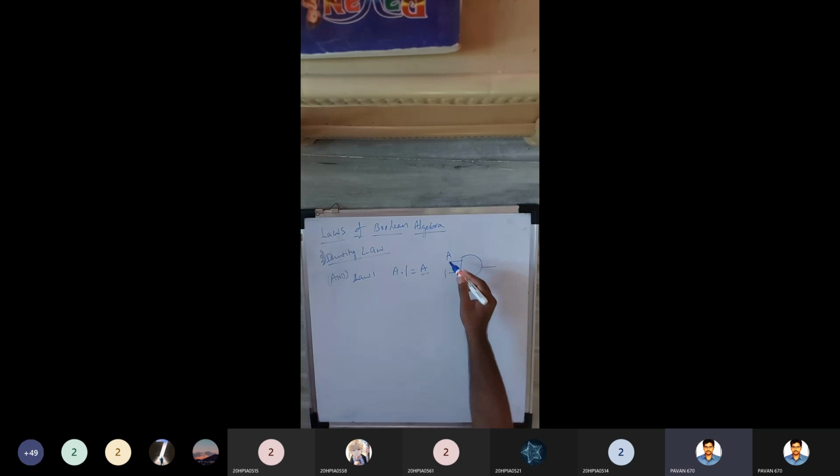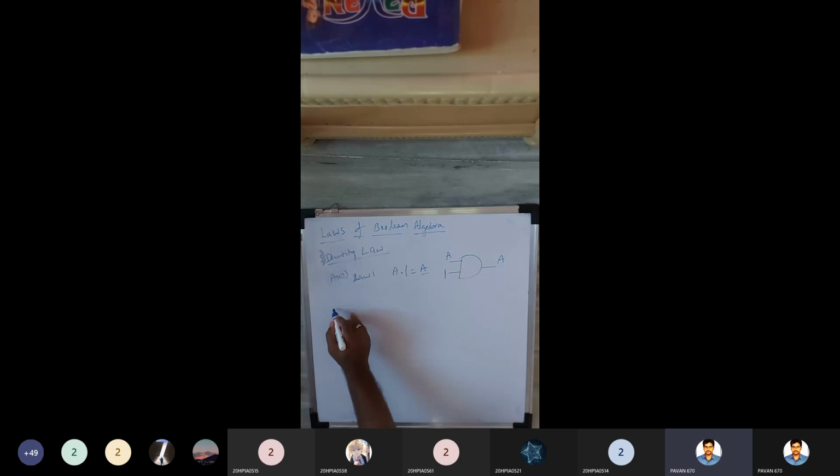So A ANDing with 1 gives A. If you put 0 here, it will be 0. If you put 1 here, it will be 1. If this is 1, definitely the input will be transmitted to the output. If you put 0 here, that will be inhibited. That's why this is the identity law: whatever input you have provided, that same value is reflected at the output. This is the AND gate version.